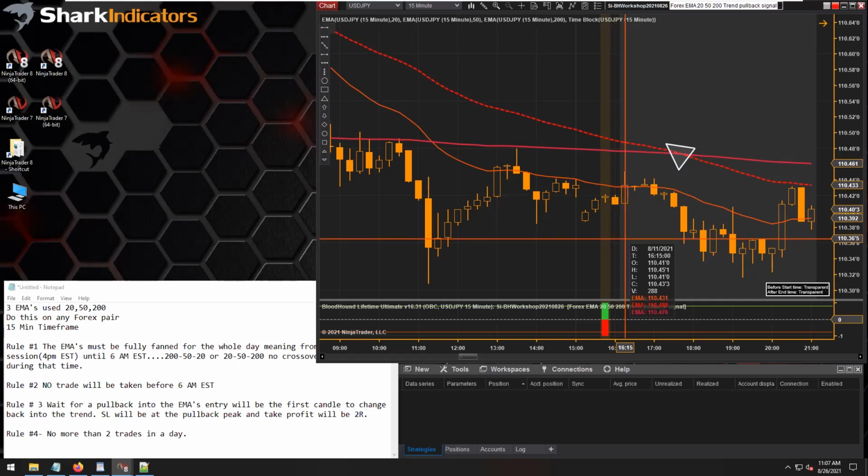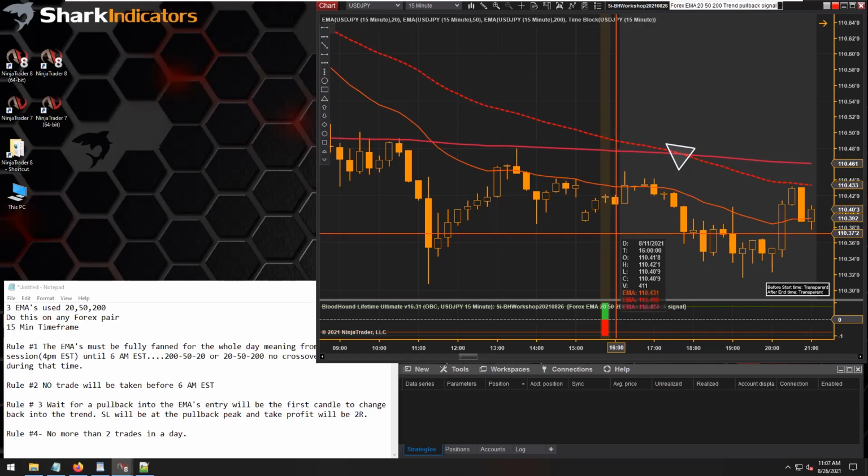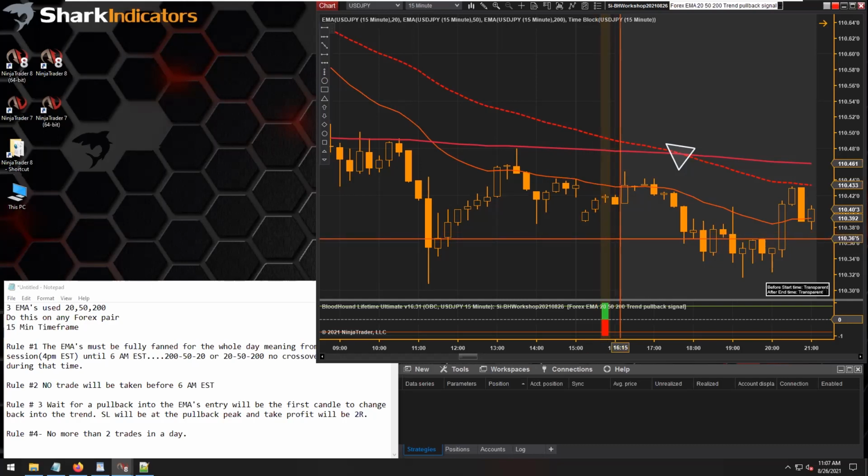The timestamp on the next bar says 1615, and it starts at 1600. So the bar that closed at 1600 is not one we actually want to include.